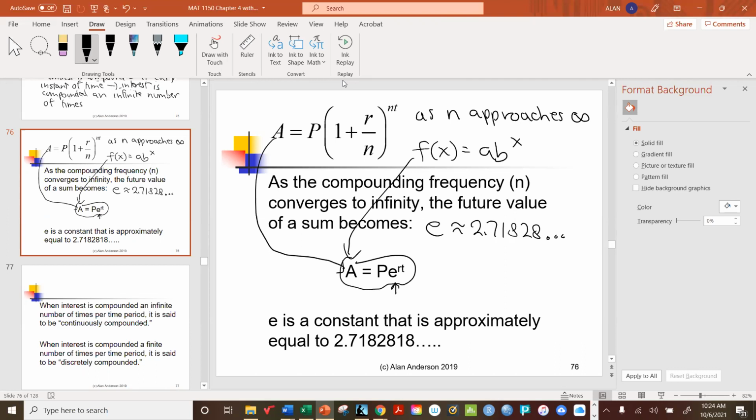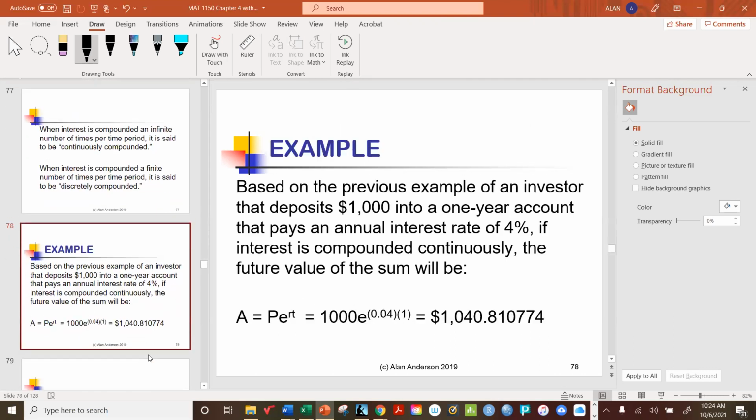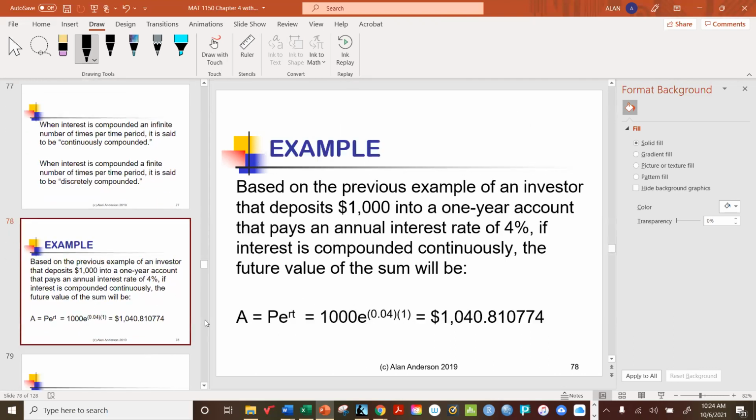Now, of course, you hopefully have this button on your calculator, e to the x, so you can confirm this. So imagine that we take that last case and we start with $1,000 and we put the money in the bank for 1 year and the rate is 4%, but now all of a sudden the interest is compounded continuously.